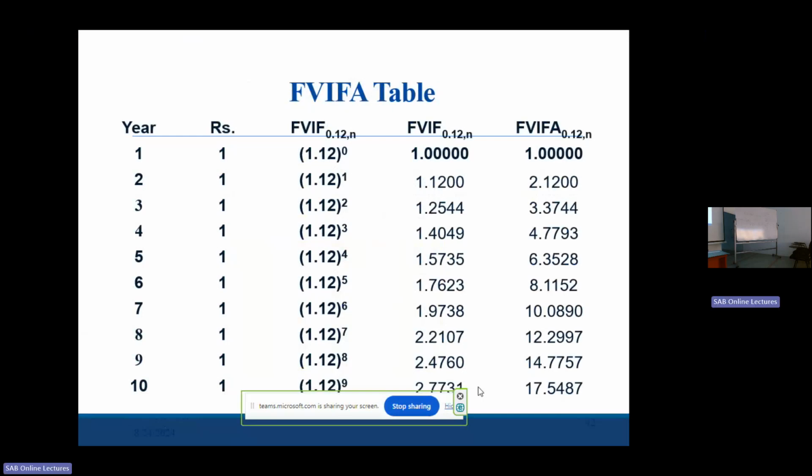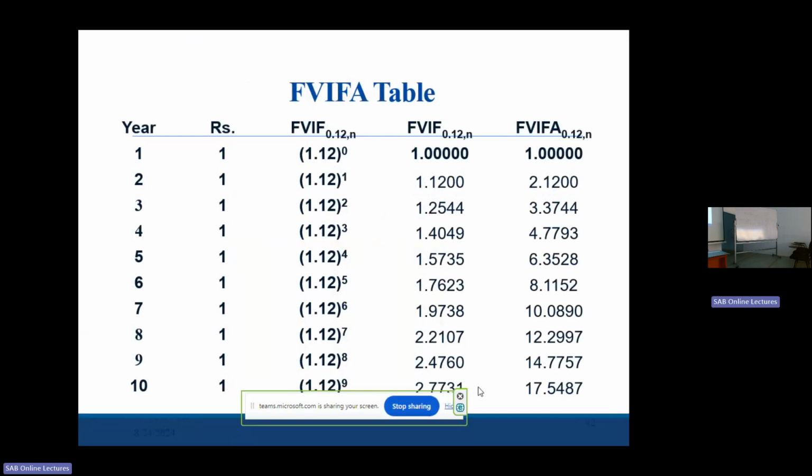In 9 years, 2.47 rupees. If you deposit 1 rupee at the end of each year for 9 years, in an account which pays 12% interest per annum, how much would you have at the end of 9 years? Yes? You will have 14 rupees and 70 cents.